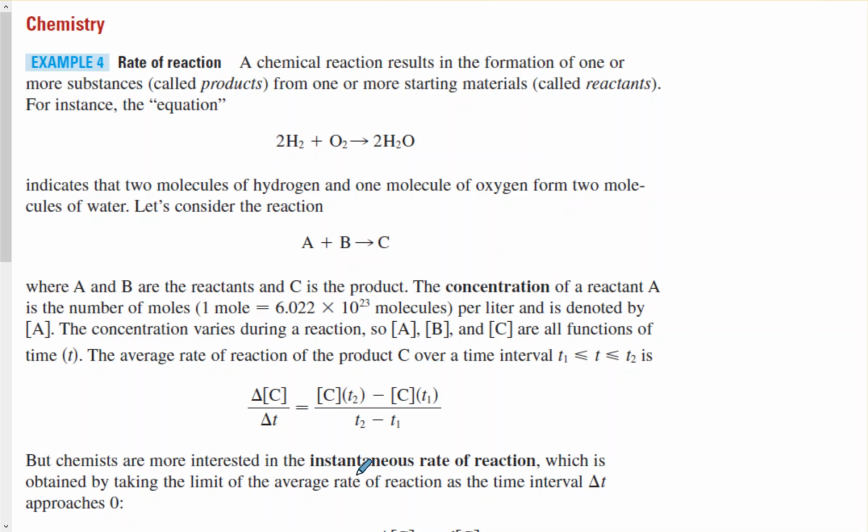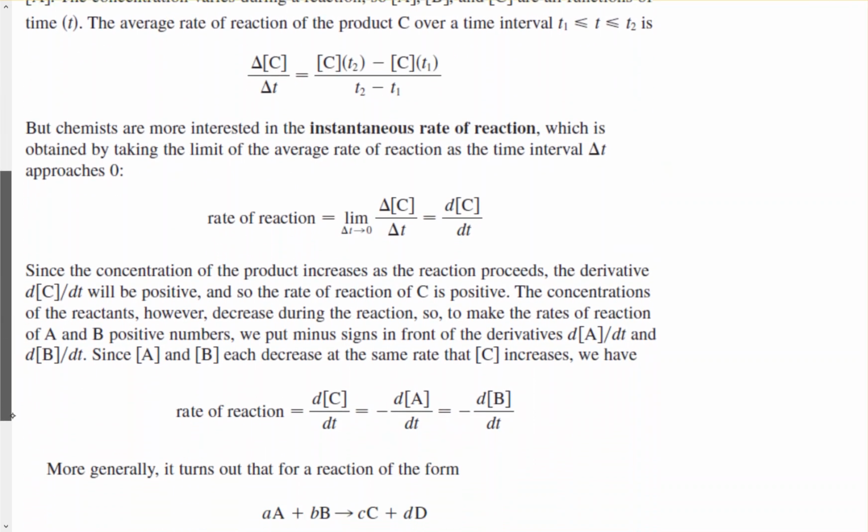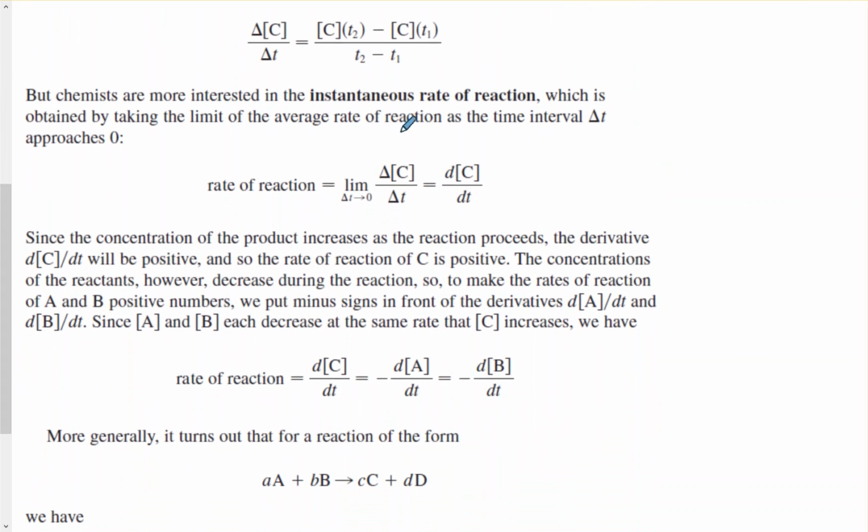Chemists are more interested in the instantaneous rate of reaction, which is obtained by taking the limit of the average rate of reaction as the time interval approaches zero. So again, we see similar themes between different topics, different genres. We've got the average and we've got the instantaneous. So rate of reaction, dC dt.